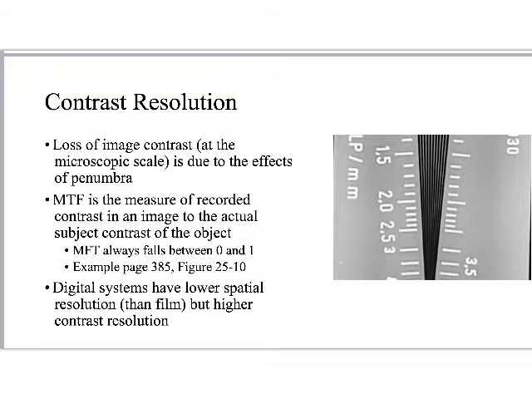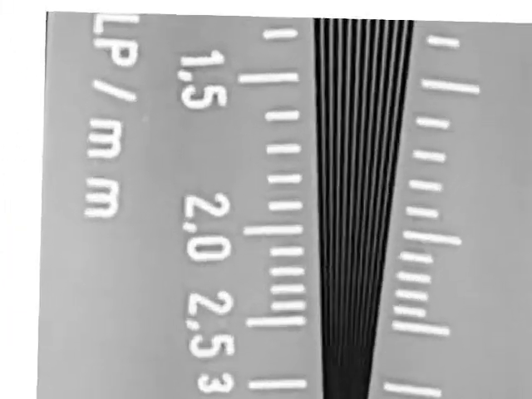So that loss of image contrast that we see when we're looking at, I've just blown up the image from the last one, but as we're getting closer and closer on these lines, and I'm going to zoom in one more time, there's a point here in these lines, right, where I know it's kind of blurry, but there's a point where I can no longer see white. All I see is gray, right?